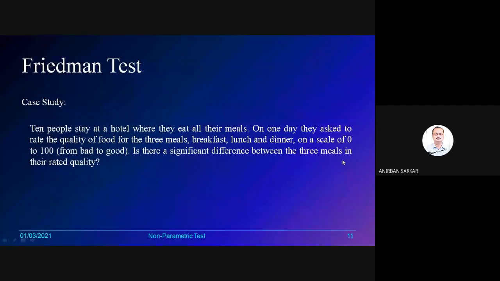Now we come to the non-parametric equivalent of one factor repeated measure ANOVA. One factor ANOVA means there is one independent variable with more than two conditions, and it is a repeated measure because the participants are the same in all the samples.